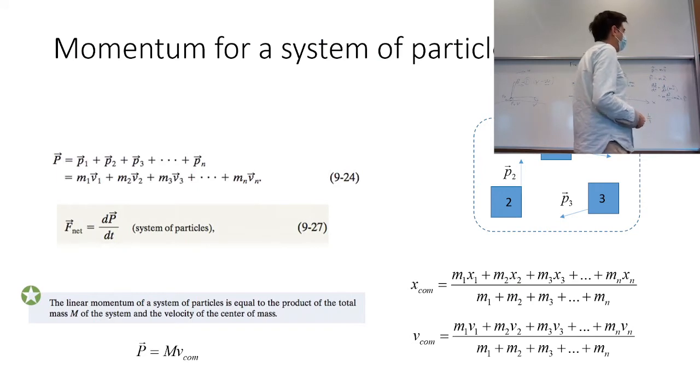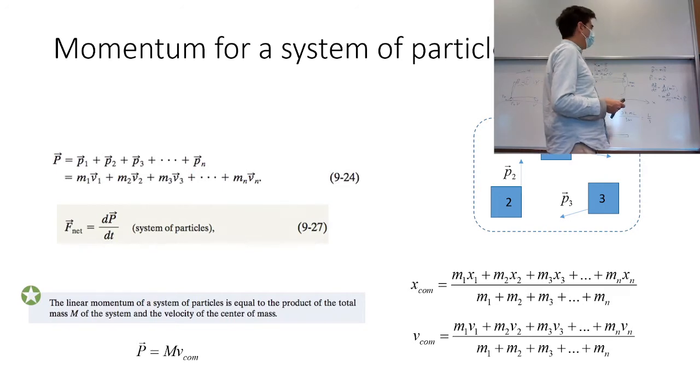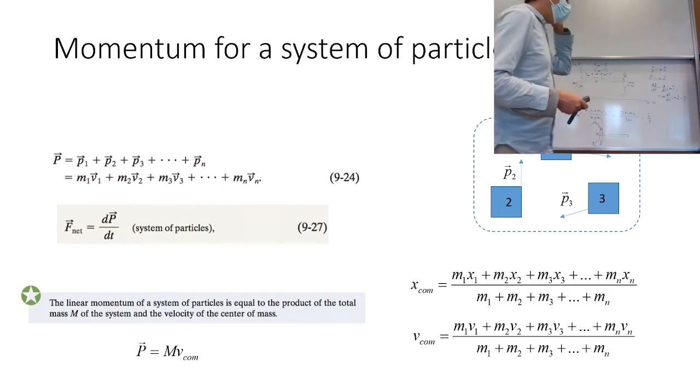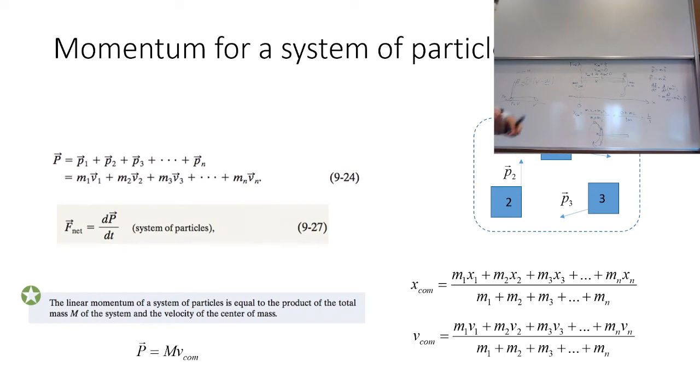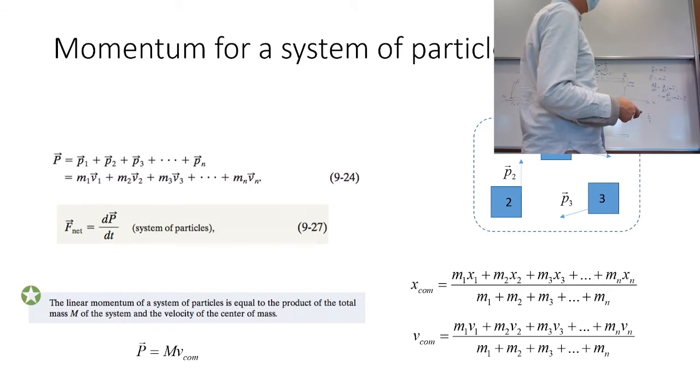Okay, so what if you have more than one particle? Well, we can add up the momentum of the whole system simply by adding up the momenta of each of the subsystems.